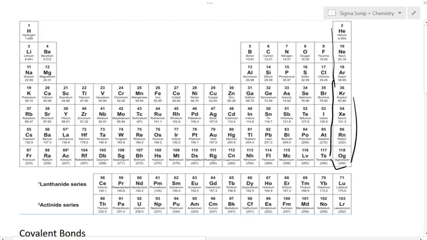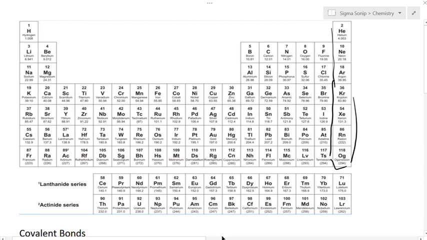On the other hand, chlorine can acquire the electron configuration of argon by just gaining 1 electron, and that way it would form a negative ion, and the bond between sodium and chlorine would be an ionic bond.